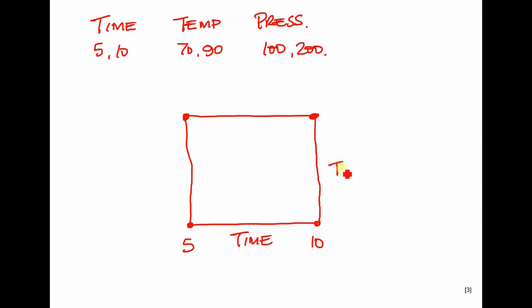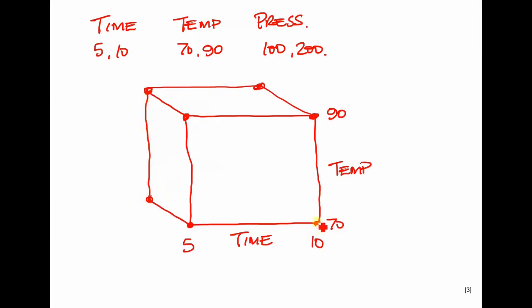So this is now temperature here up the side, and obviously we're going 70 at the bottom, 90 at the top, and then finally I'm going to put the 3rd variable into the test, and of course it creates this cube which is known as a design space, and we've tested at the corners of the design space. So we've tested at those 8 places.